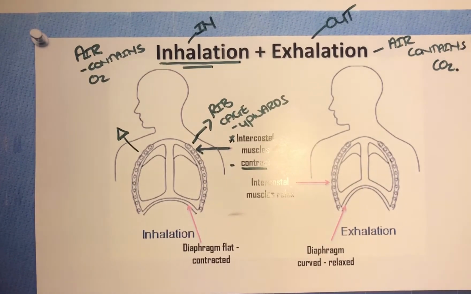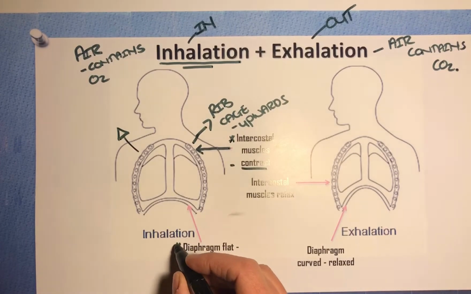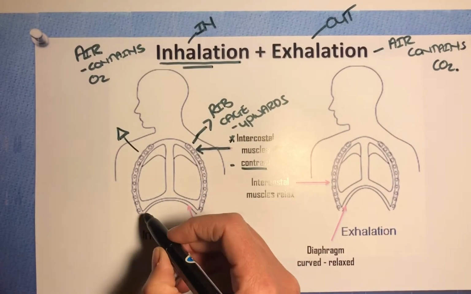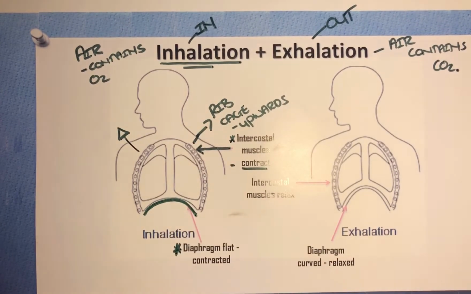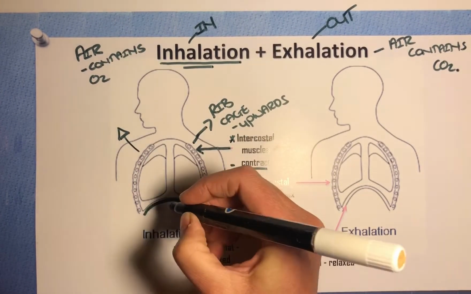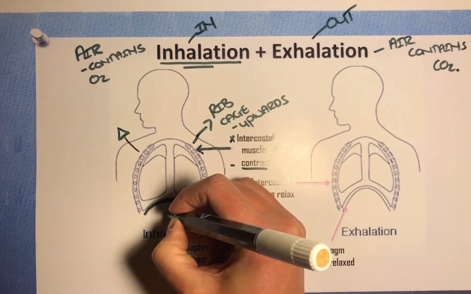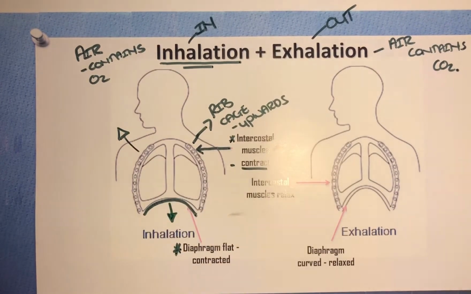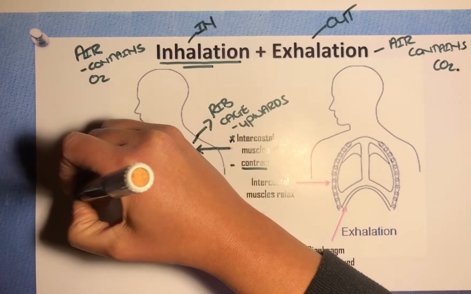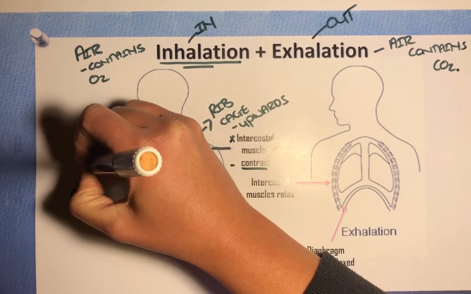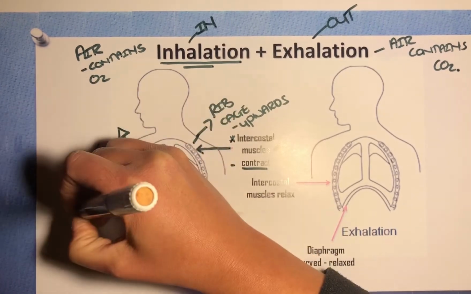The other muscle involved in this process is the diaphragm over here. The diaphragm is a sheet of muscle found at the bottom of the thoracic cavity over there. And when it contracts, it's going to pull downwards, okay, and so it pulls downwards. So we have essentially an increase in volume.